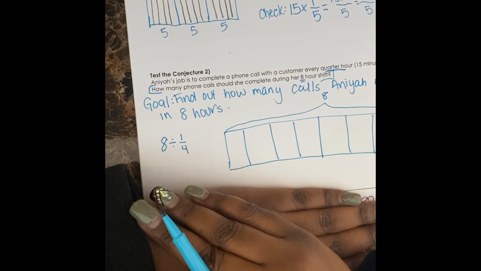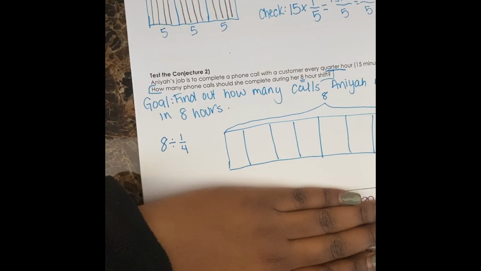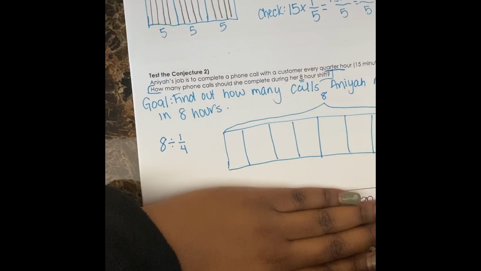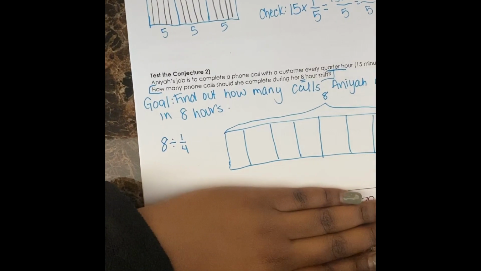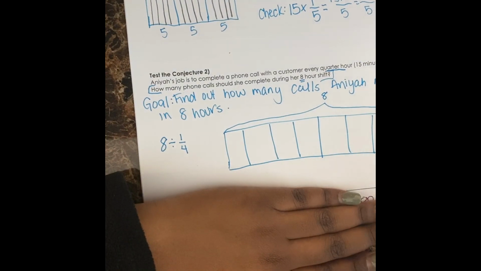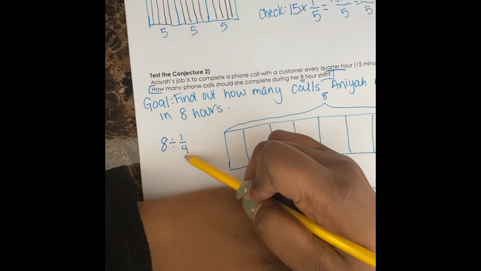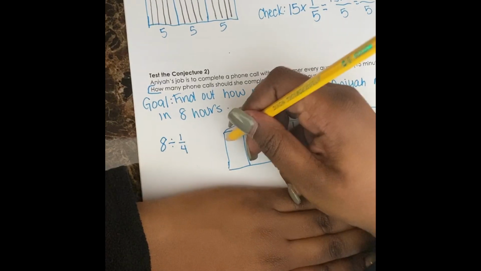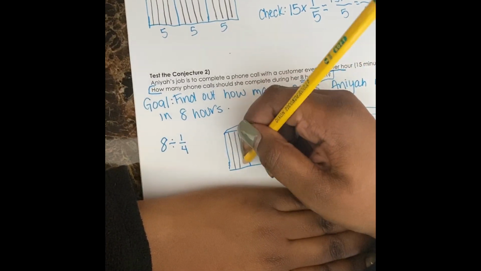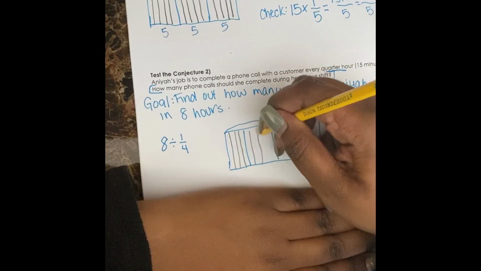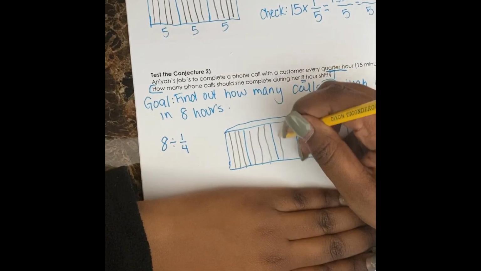Each of those 8 pieces, we are now going to split into 4 to represent the denominator of our unit fraction. So here we go. I'm going to use a different color again, just so that you can see me splitting my boxes into 4.